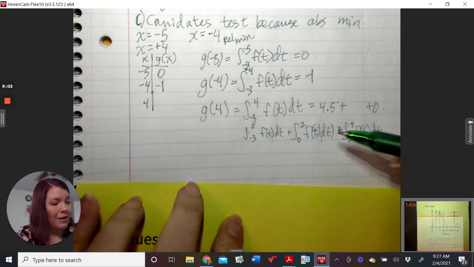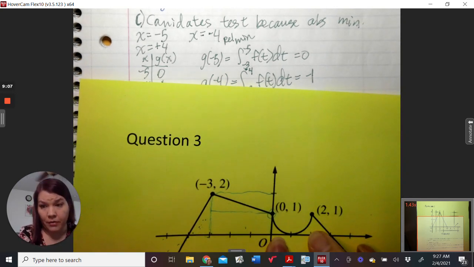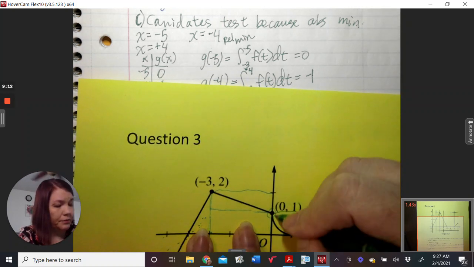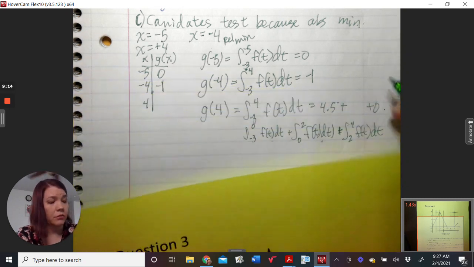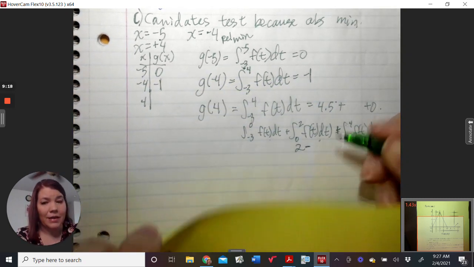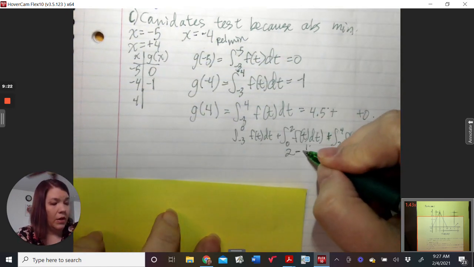From 0 to 2, we have the area under the circle curve. Okay, so it's a little bit funky, but if we think of this as a rectangle of an area of 2, we have to subtract the area of the half circle, 1/2, because it's half a circle.